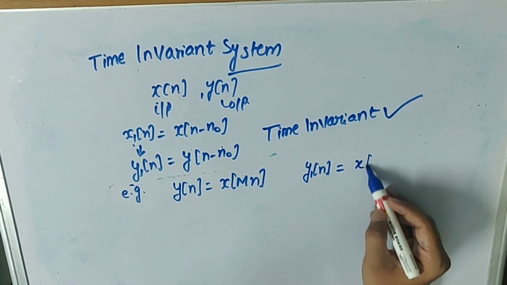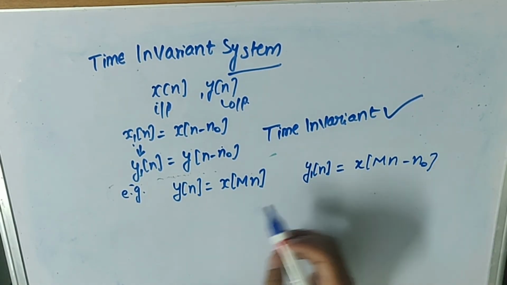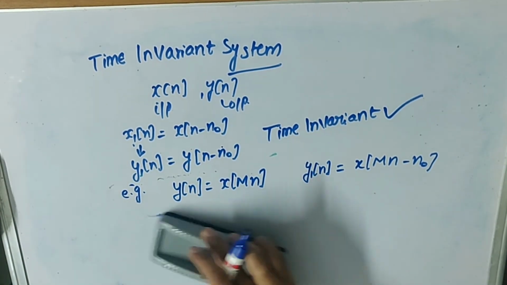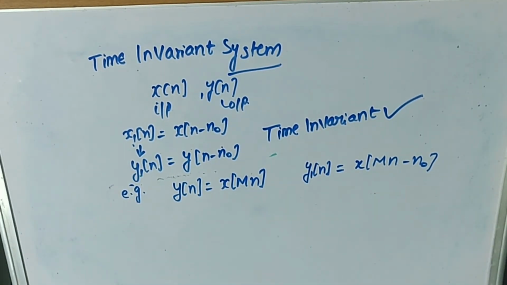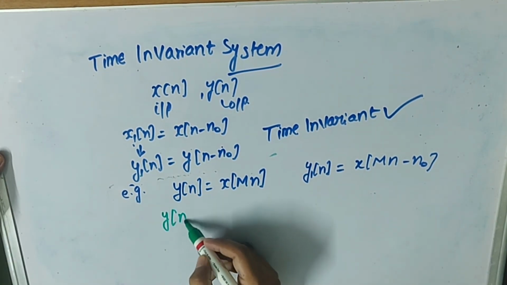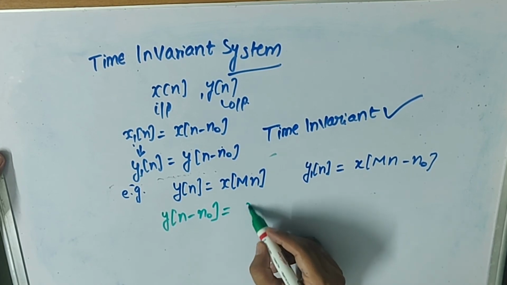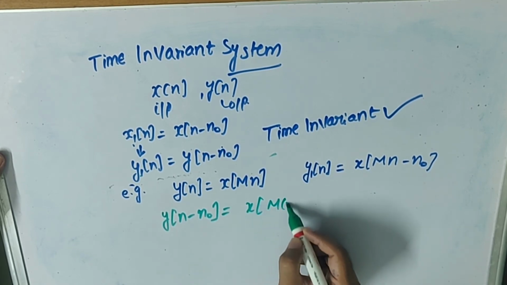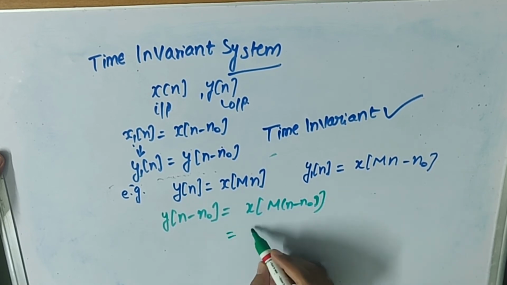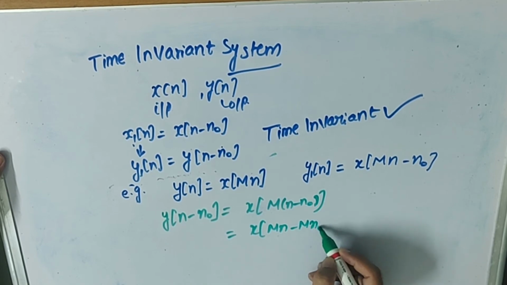Okay, so that will be simply... What about approaching this problem from the other direction? y[n - n0], that will be x... Okay, n minus m n0.